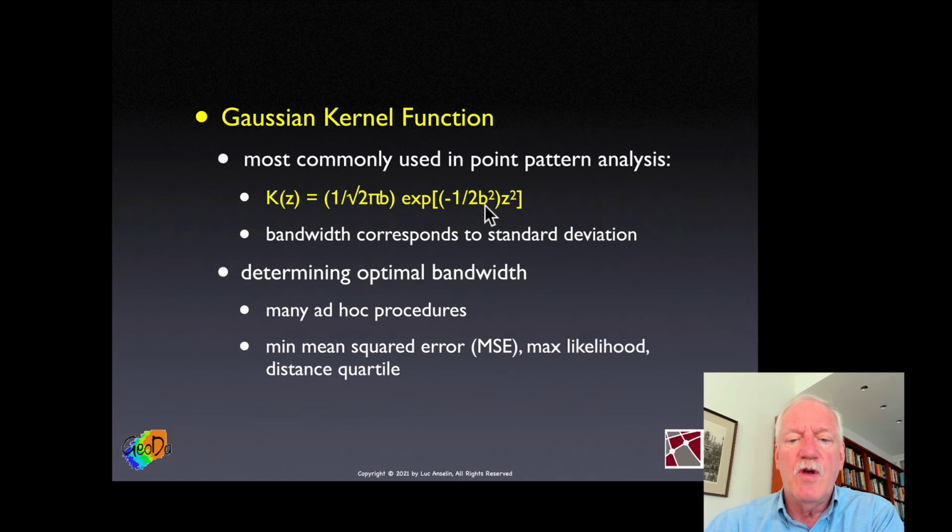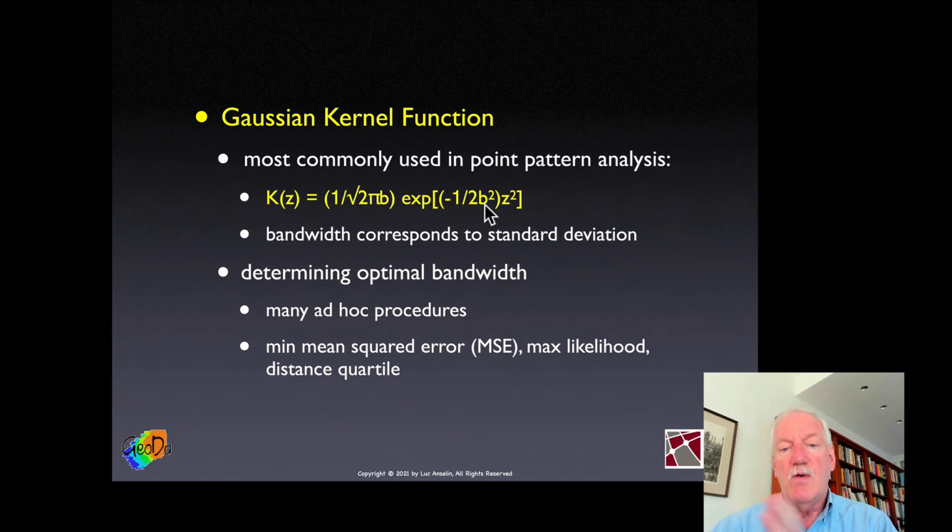The important parameter is this b. b is the bandwidth, which corresponds to the standard deviation of the distribution. So a smaller bandwidth, a smaller standard deviation, is a spikier kernel. A larger bandwidth is a flatter kernel and a broader range.